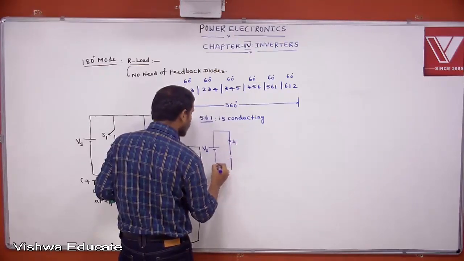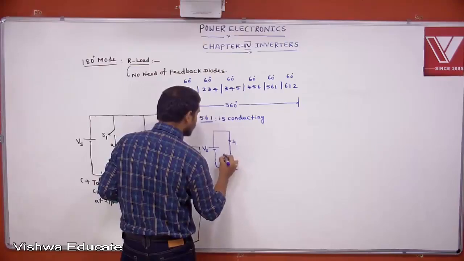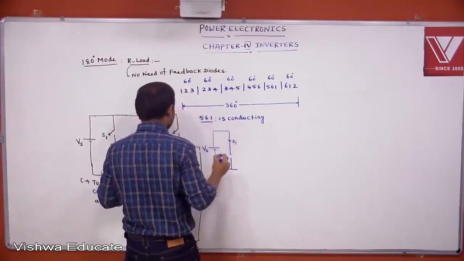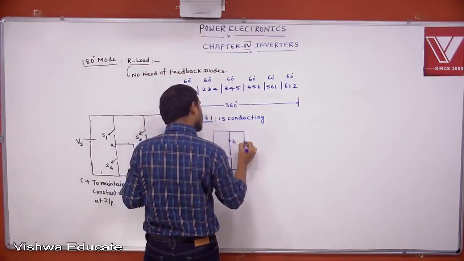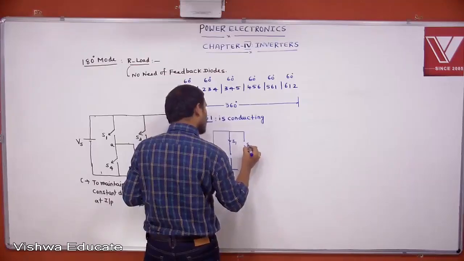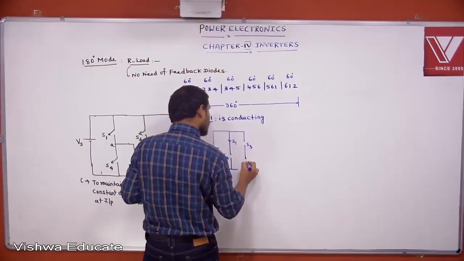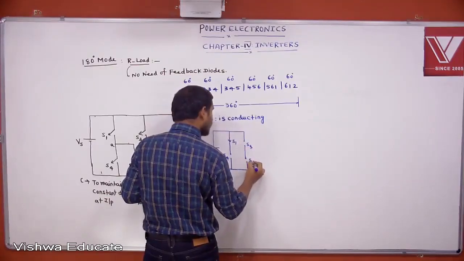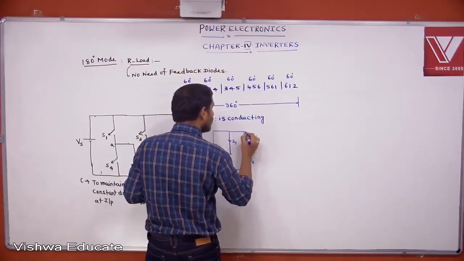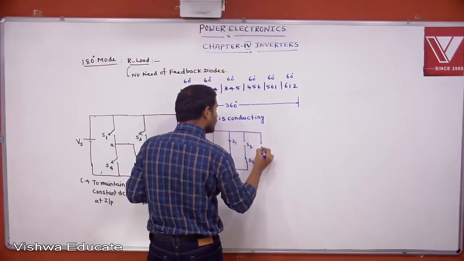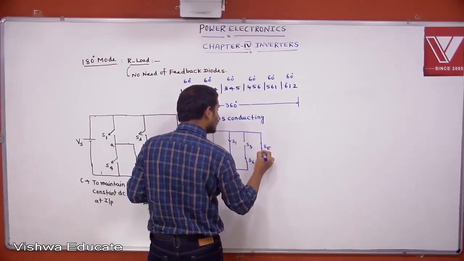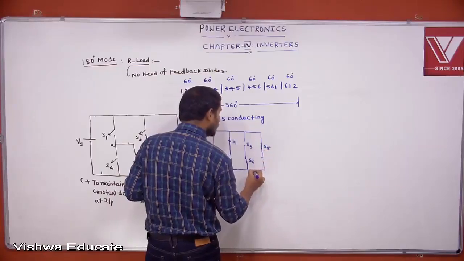This S4 is off state. S3 is off state, you have not triggered S3. S6 is on state. S5 is on state. But S2 is off state. We have not triggered S2.